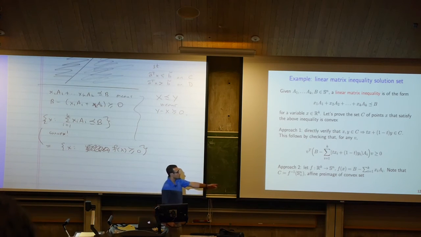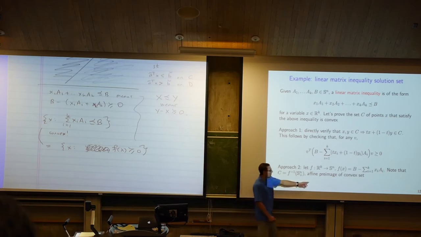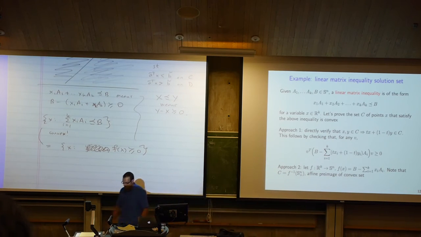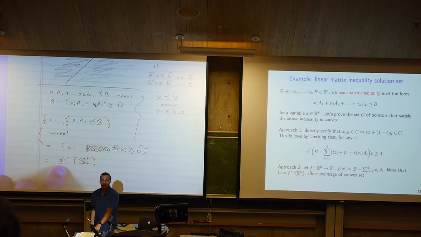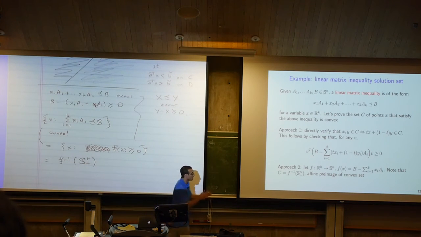That is directly from the way we constructed F. Which means that this set is actually just the preimage of the PSD cone with respect to this affine function. That's convex. We already checked that. You can remember that from now on out. That's an affine preimage. Therefore, this is convex. Okay? As simple as just putting together those two pieces.